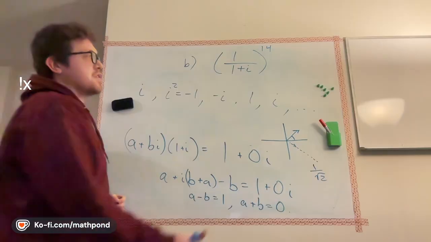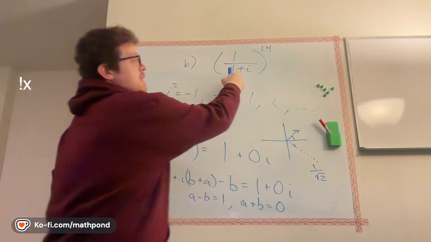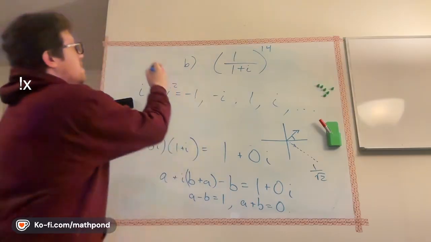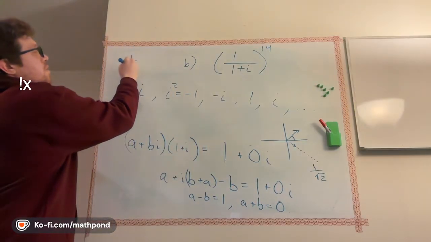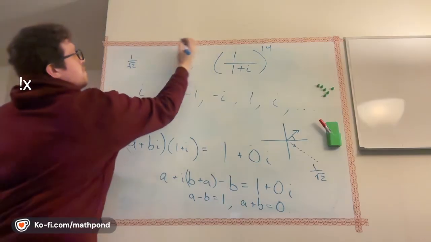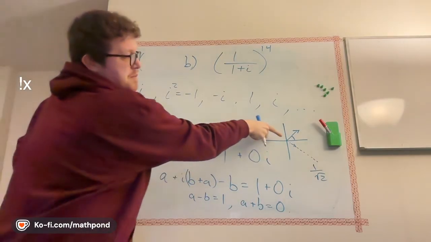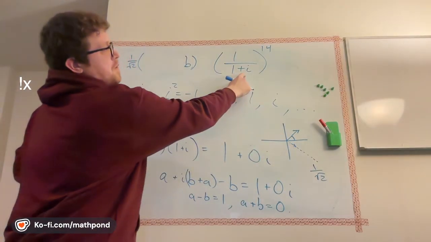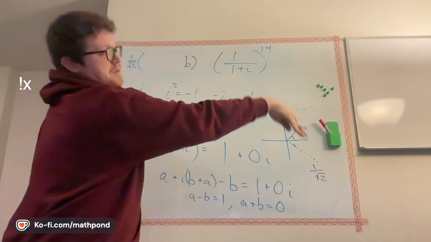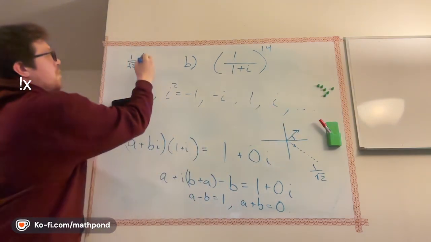So essentially this number on the inside is 1 over square root of 2 times a similar vector, except instead of 1 plus i, it's going to be making an angle of minus 45, so it'll be 1 minus i.